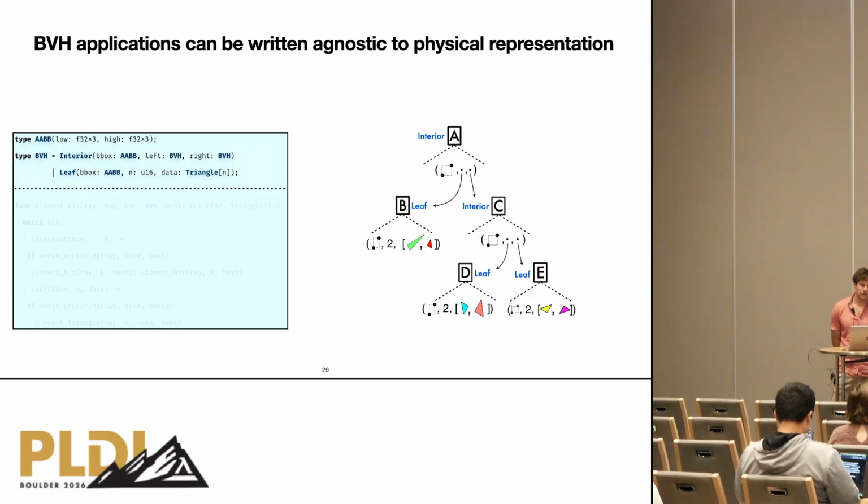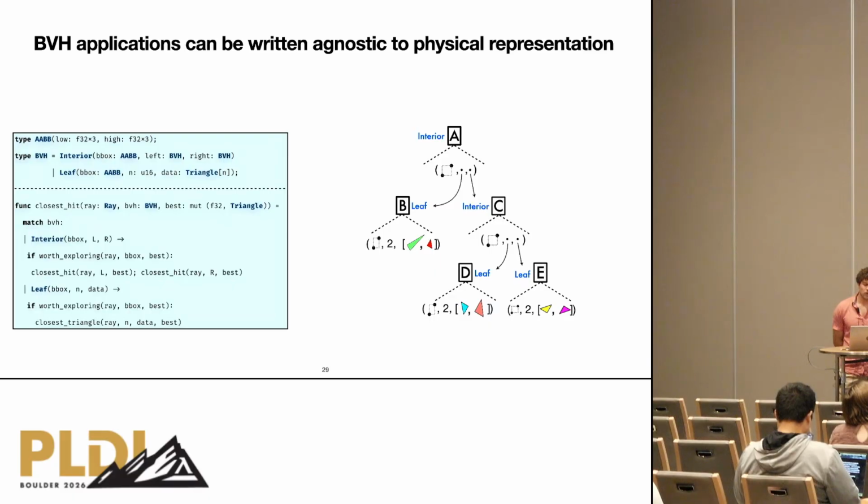And then we have the BVH, which is a sum type, where either we have an interior node containing the bounding box, the left and right child, or we have a leaf node which also contains the bounding box, some number of primitives n, and the primitives themselves. We can then write algorithms with respect to this algebraic data type. Here we have a very simple closest hit ray tracing algorithm with some pruning in addition to it. And again, we're making no assumptions about how this algebraic data type is laid out in memory.